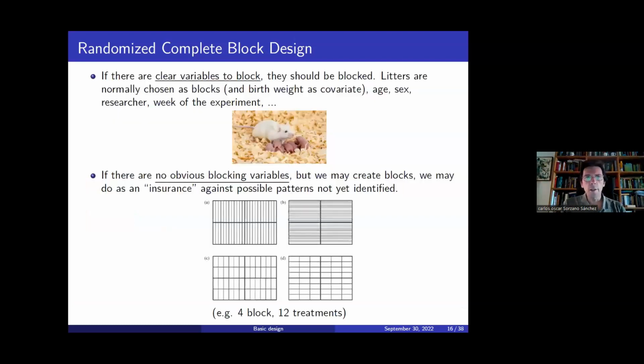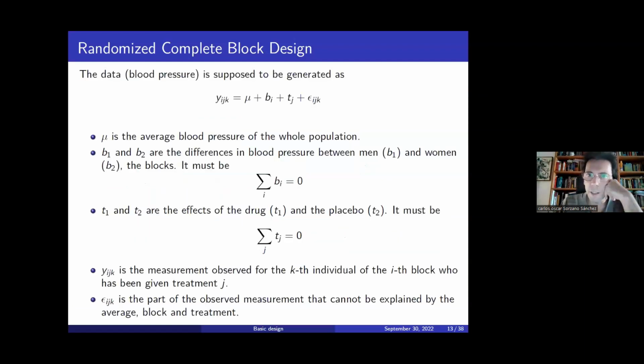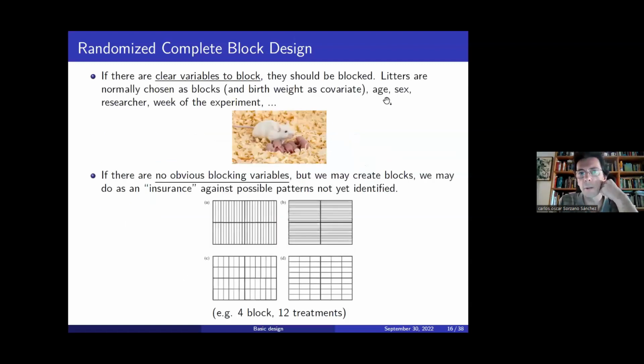Okay, so which are clear variables to block? If you have litters, typically they have significant differences between them. So litter is something that you want to put at this level, and you may want to randomize within the litter. You may also want to block age and sex.